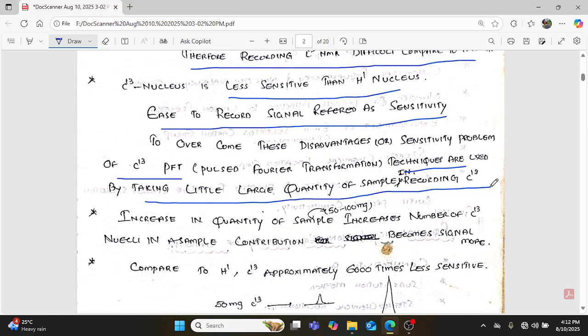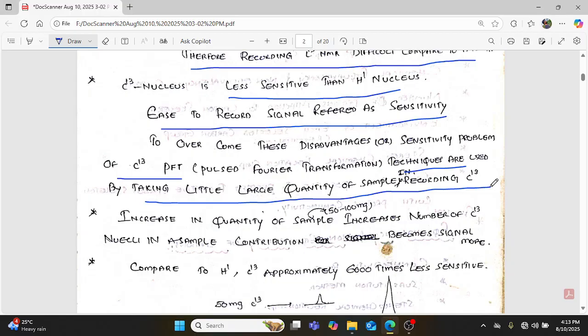Remember one thing: whatever the NMR technique, principle and instrumentation are common. It may be proton NMR, C13 NMR, or F19 NMR, whatever it may be, the principle is the same and the instrumentation is the same.